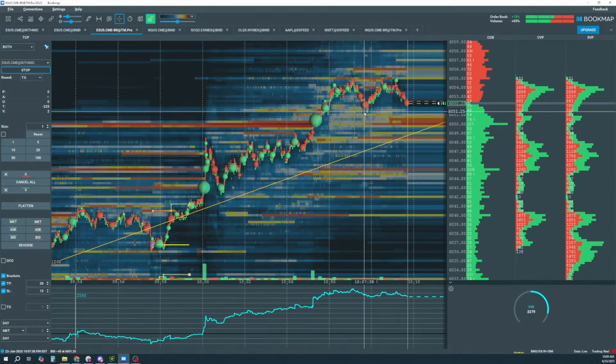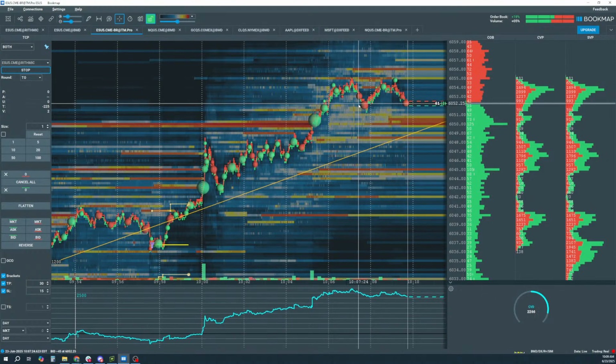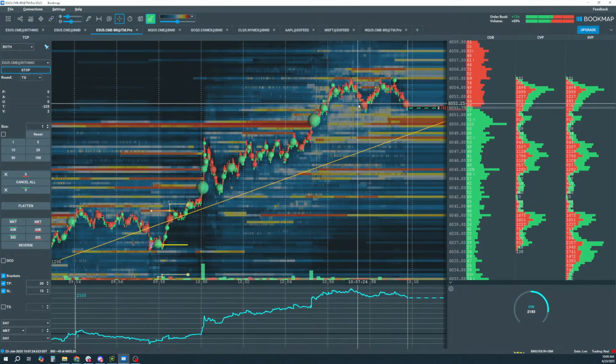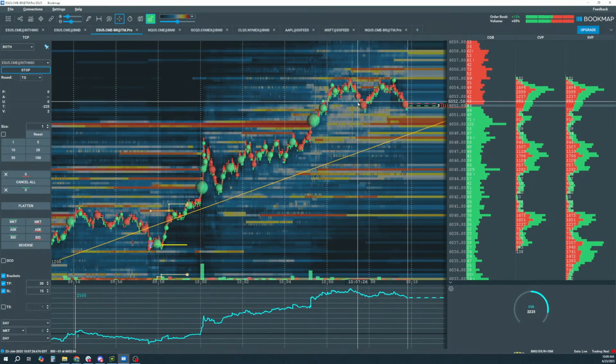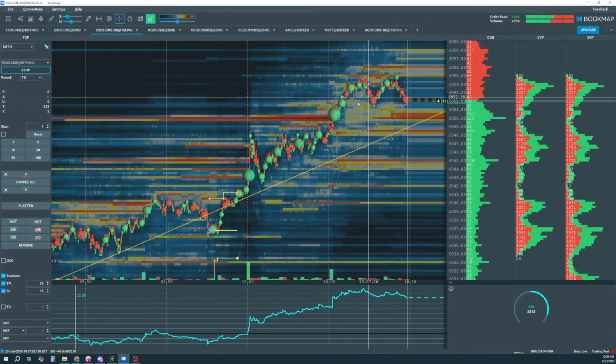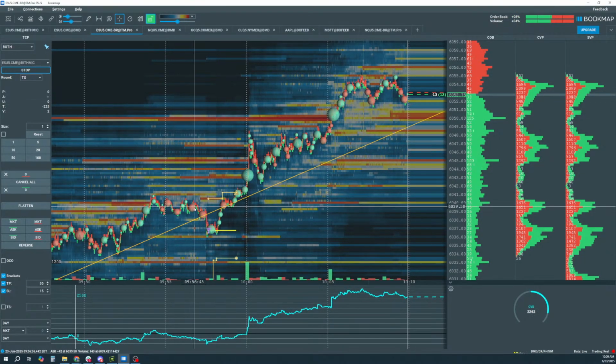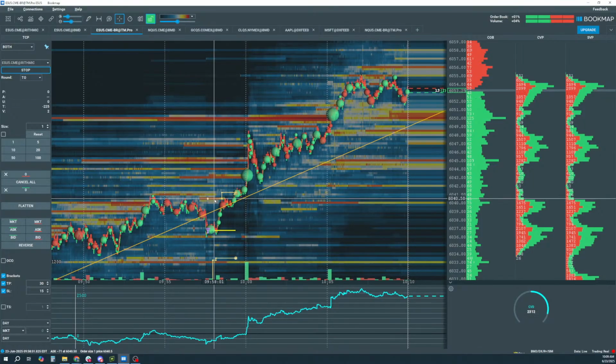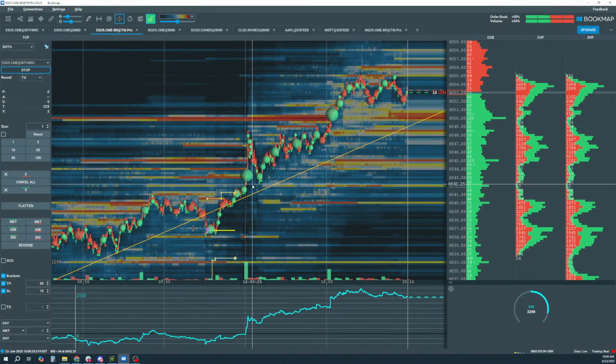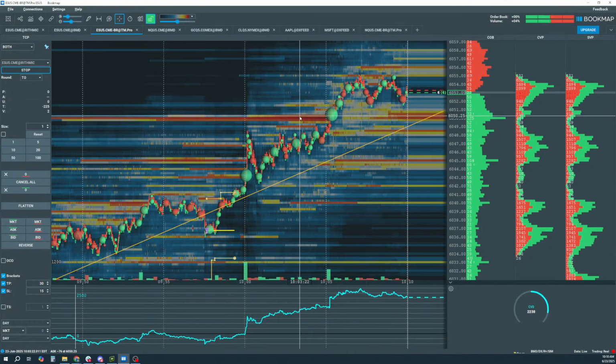All right, so let's actually take a step back here and look at our higher time frames first, right? Because we want to understand that if some of these setups are looking a little odd in here, well, then we have to understand the higher time frames.